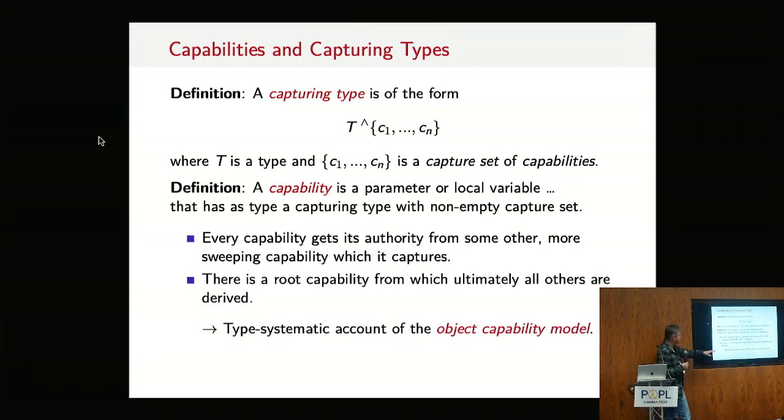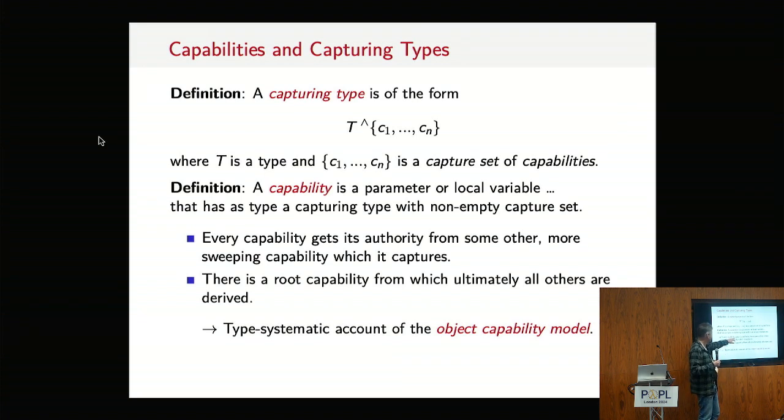So what we say is, a capability is defined by having as its type a capturing type. It's a meta-circular thing. You're a capability if your type needs another capability to exist. So that means that there must be some capability from which all others are derived, and indeed there is. It's called cap.